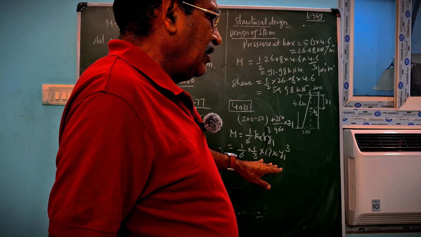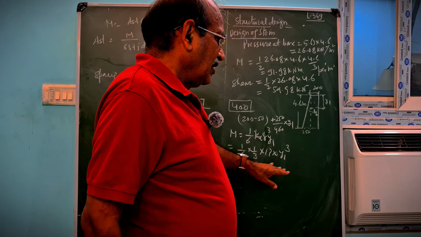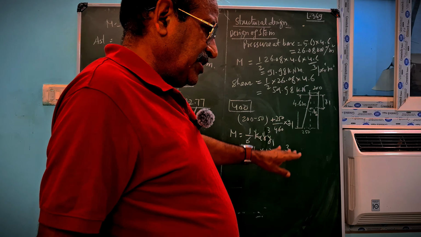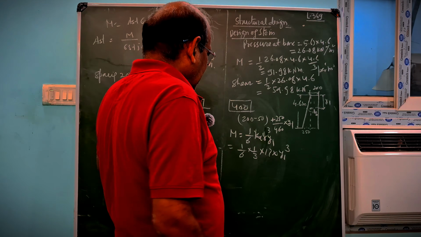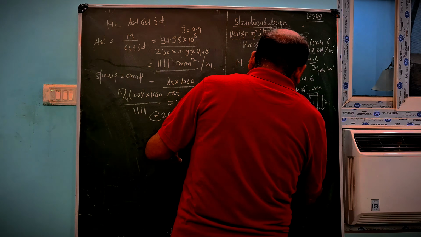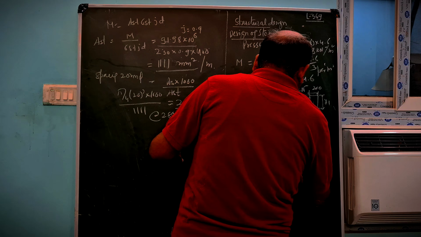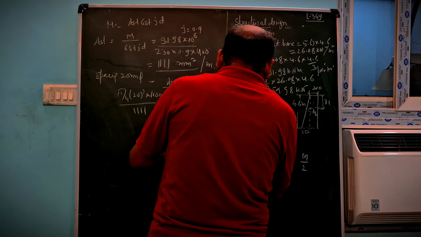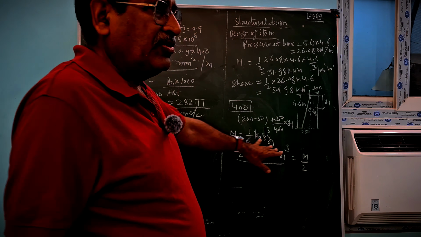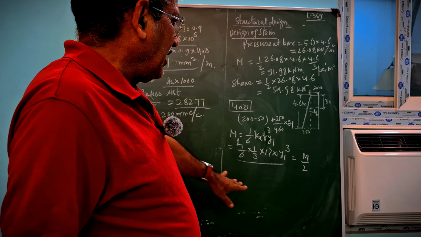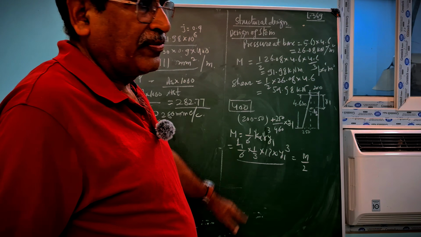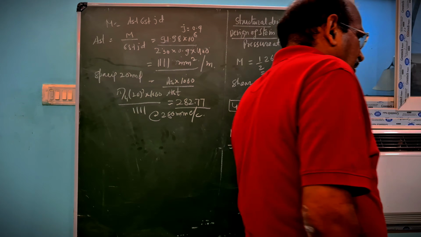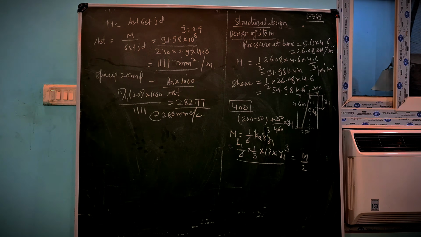If you find out the AST, this moment is approximately M by 2, M1 moment. So you put it to M by 2, and with the help of this you have to calculate the y1. So y1 can be calculated in this way, or we can approach something like this.